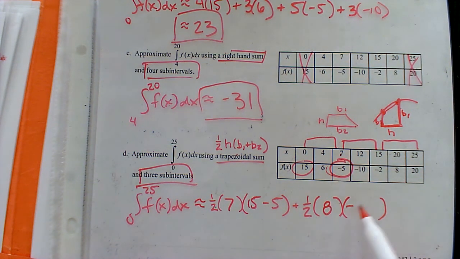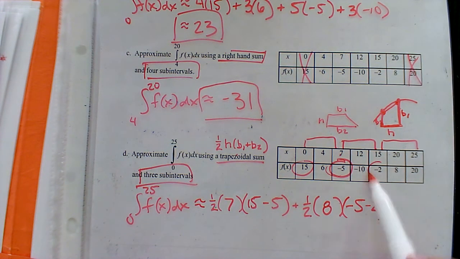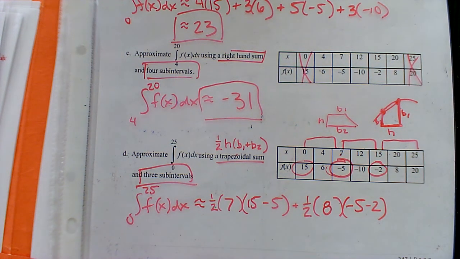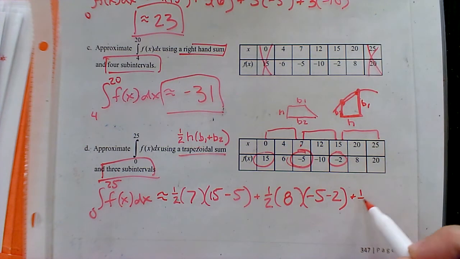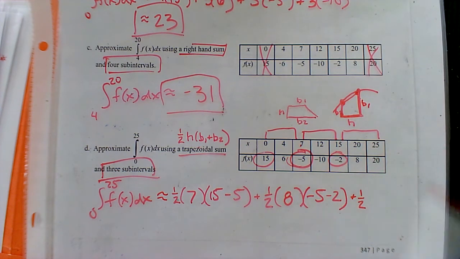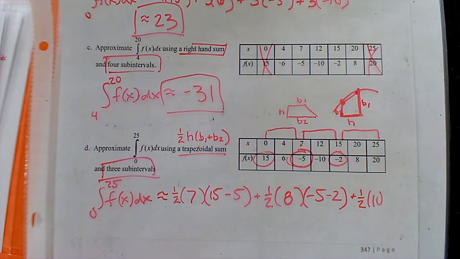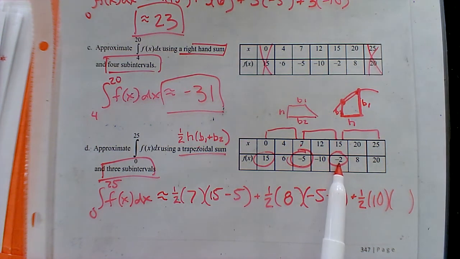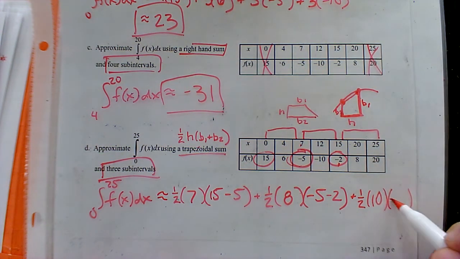So that would be 5 again, and we add 2. Our last trapezoid, we go from 15 to 25. So that's a height, in quotations, of 10. And then the bases of the endpoints, we have 2 plus 20.